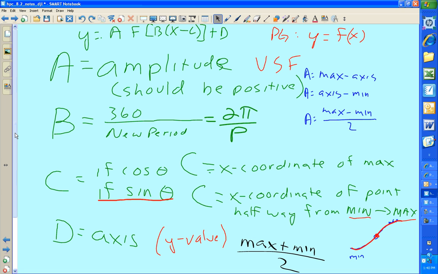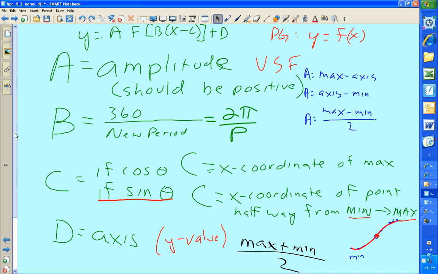You have to say before you write the function, I am committing to sine, or I'm committing to cosine. You can't be wishy-washy on this. If you want to commit to a cosine function, then C is the x-coordinate of the max.